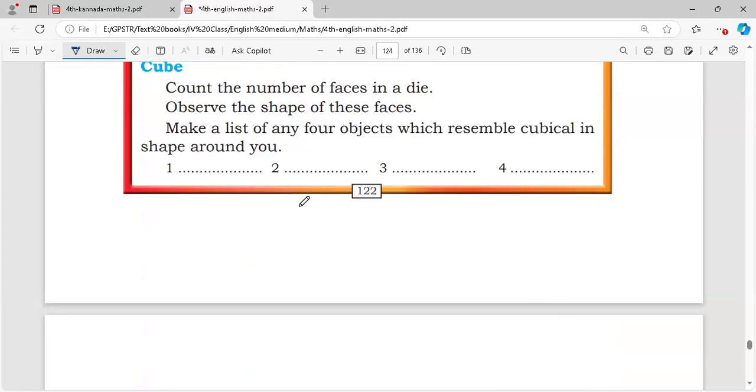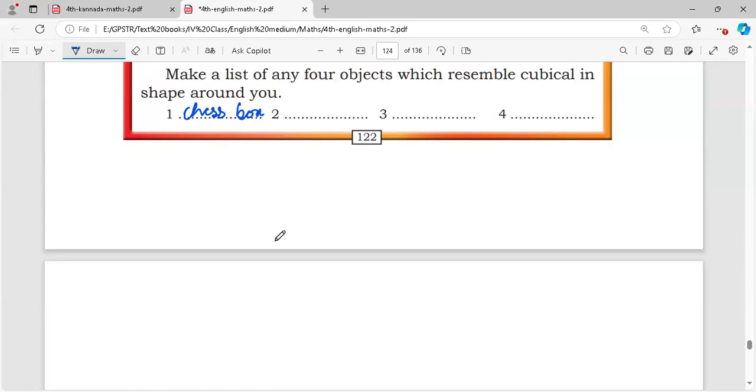Cube. Make a list of any 4 objects which resemble a cube in shape around you. Chess box. There are 64 boxes.